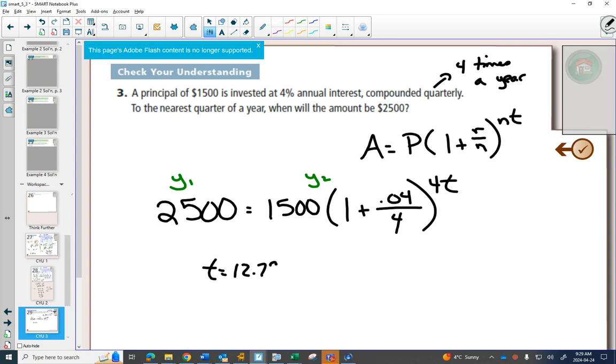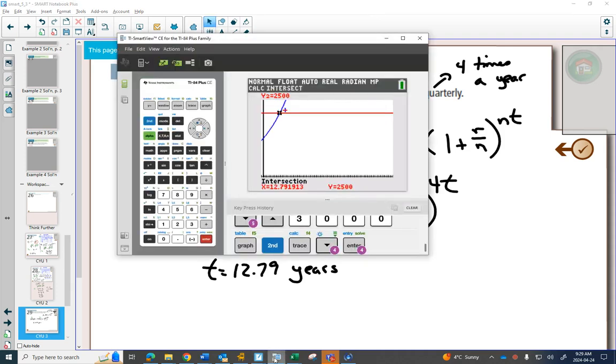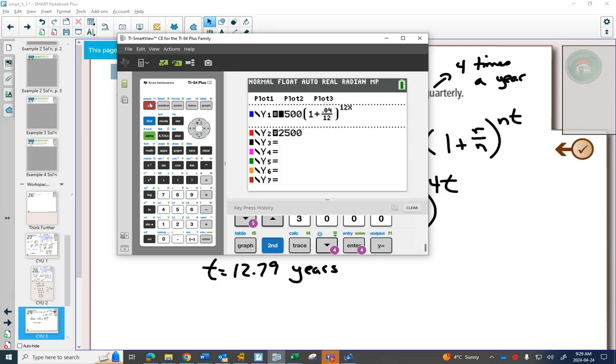Wait, how many did you just solve on the graph? Like you changed the period to 12, not 4. So in this, I made my exponent a 12, because the formula says n, which is the number of compounding periods. Well, that should be 4. Yeah, thank you.